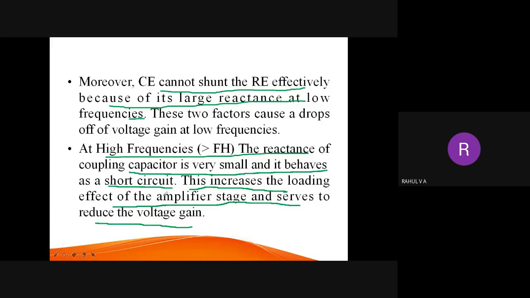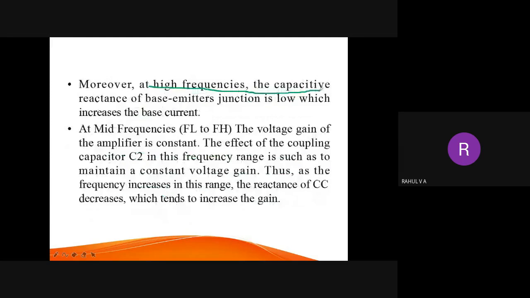Moreover, at higher frequency, the capacitive reactance of base emitter junction, again listen to this, the capacitive reactance of base emitter junction is low, which increases the base current or which affects the working of the transistor. And we can see that at mid frequency, the voltage gain of the amplifier is constant. Okay, so voltage gain is constant.